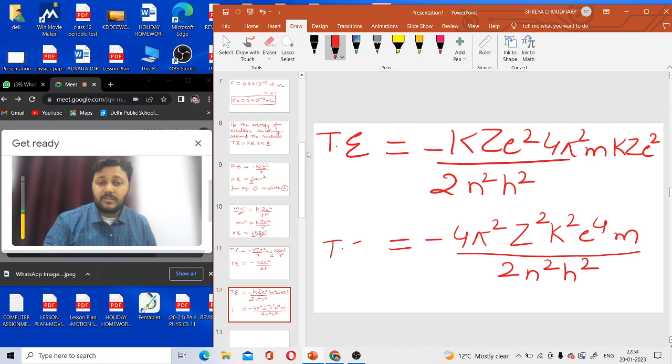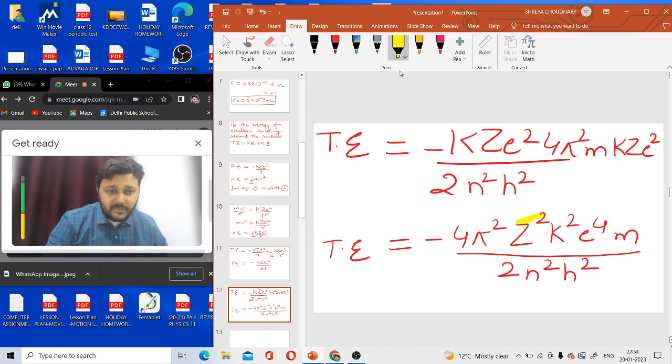On solving this whole expression, Z is unknown and n is unknown. But for the hydrogen atom, Z is known. The value of Z is 1.